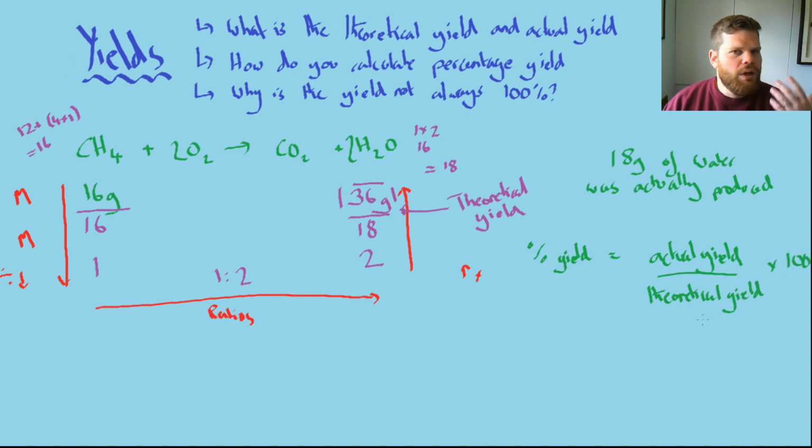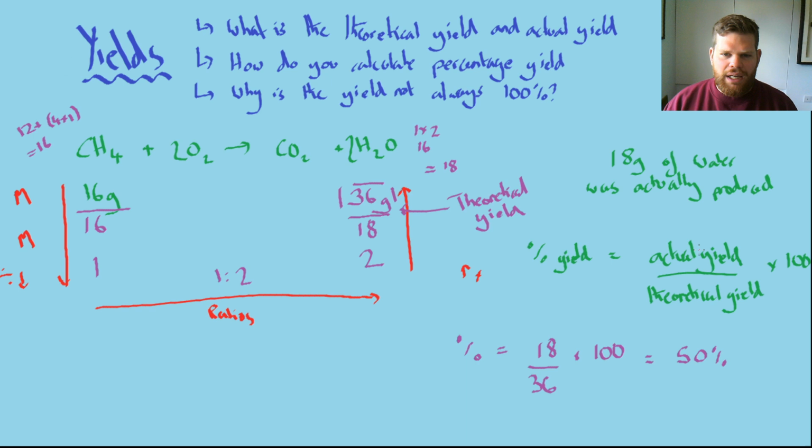Just a simple percentage calculation. So in this particular question, the percentage yield equals our actual yield, which is 18, divided by our theoretical yield, which is 36, multiplied by 100, which gives us 50%.